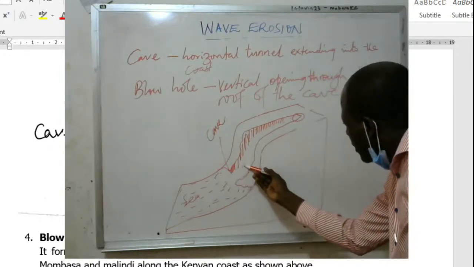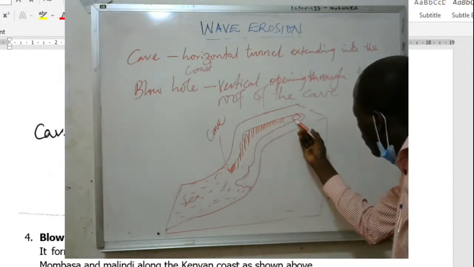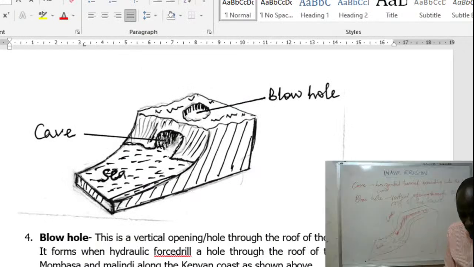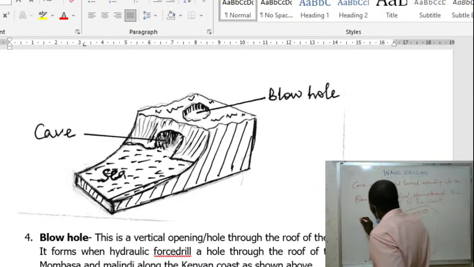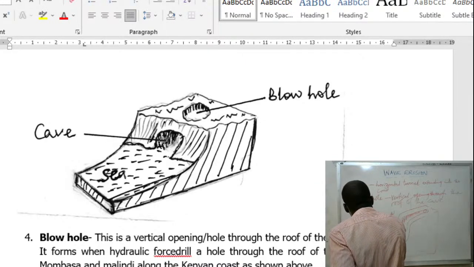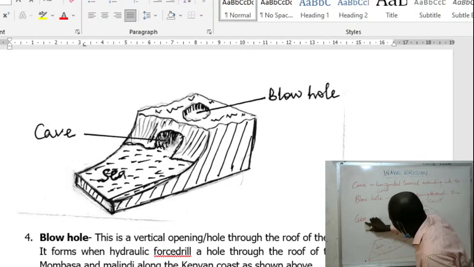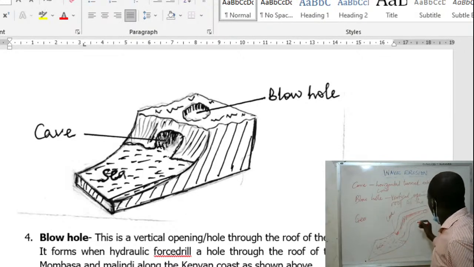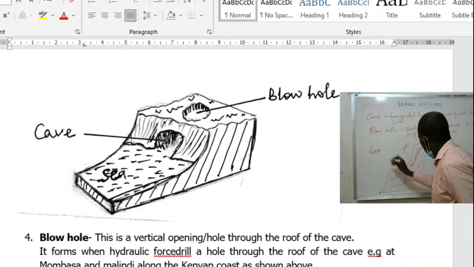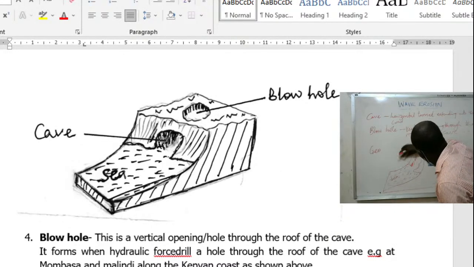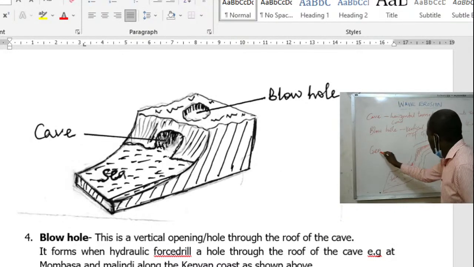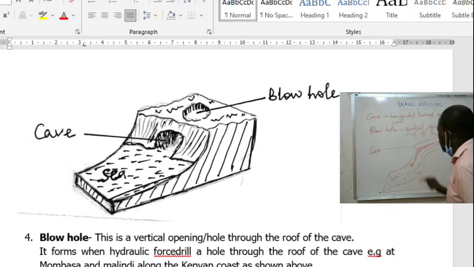This is like an extension of the sea into the coast, a narrow inlet that we are referring to as the geo. This was our former cave, and this is now our view.